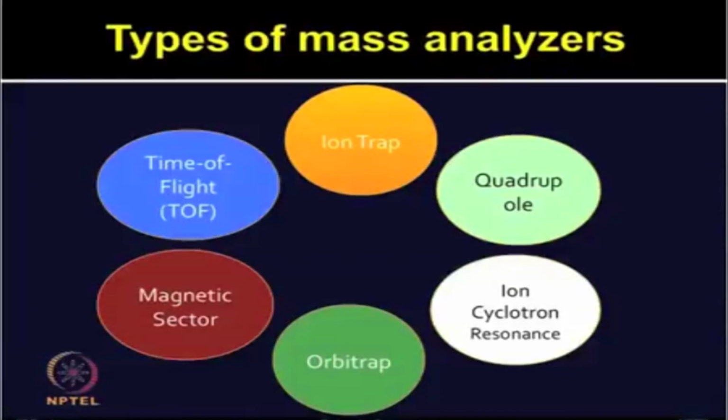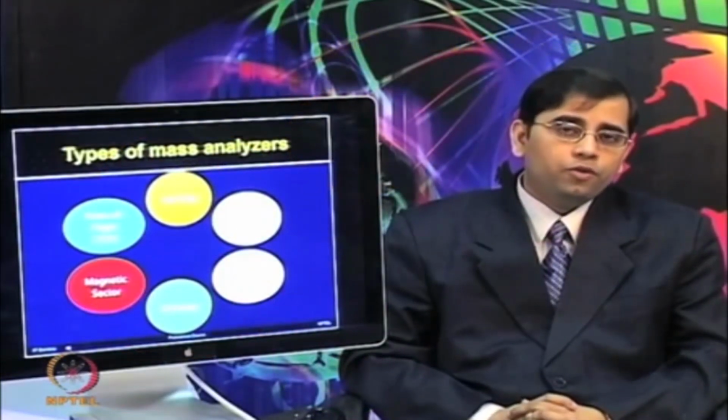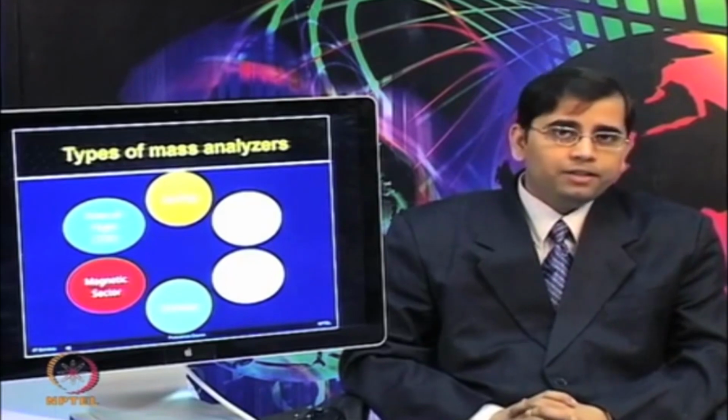The time of flight analyzers use time of flight; ion trap, Orbitrap and ion cyclotron resonance separate ions based on their mass to charge resonance frequency, whereas quadrupoles or Q use an oscillating electrical field for selective stabilization of ions. This gives you an overview of various types of mass analyzers and briefly we discussed their principles.